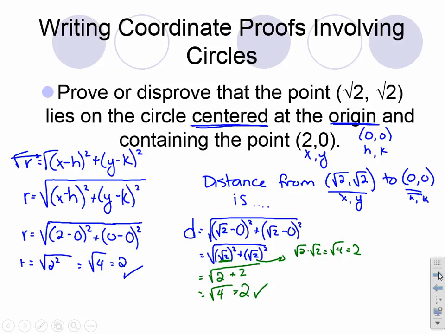Ultimately, guys, what we just did is we solved for the radius of our main circle, our main circle being that you're looking at the origin and this point.